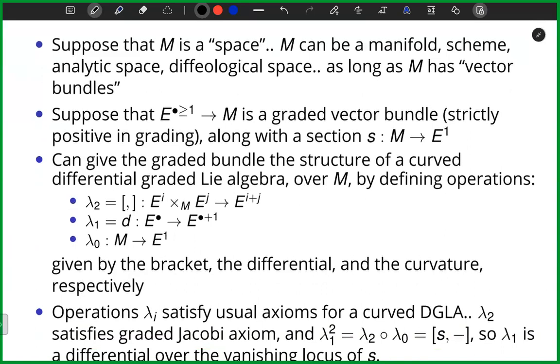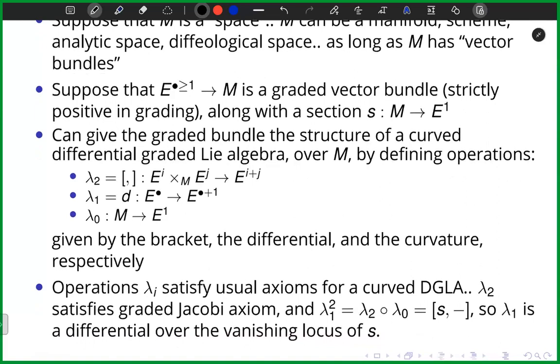Suppose that we have a strictly positively graded bundle on it, along with a section of the first bundle, E1. We can give this graded bundle the structure of a curved differential graded Lie algebra by introducing operations: a bracket, a D, and a curvature.